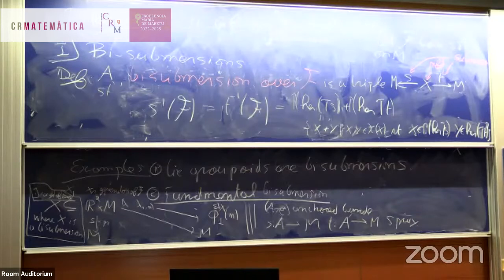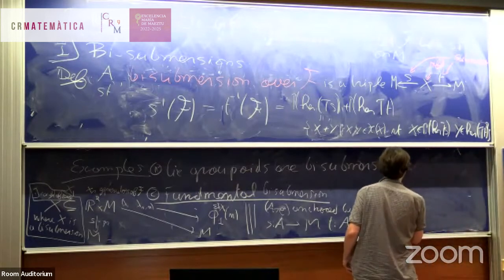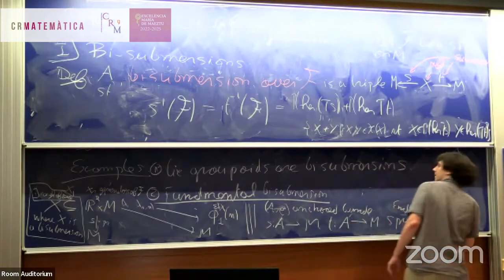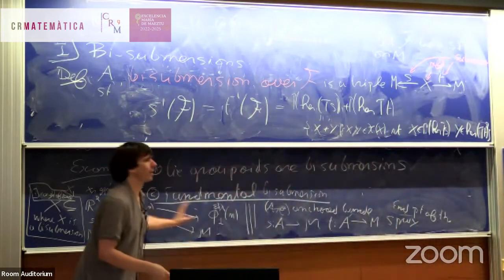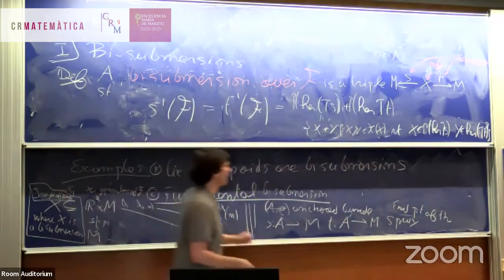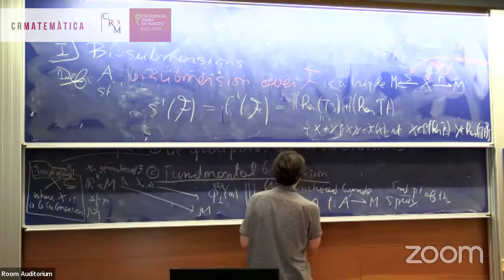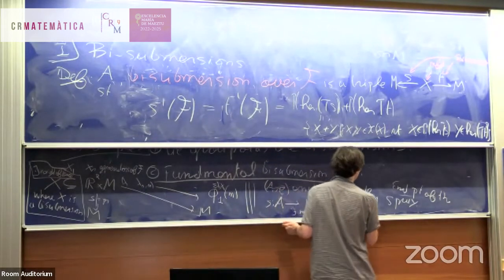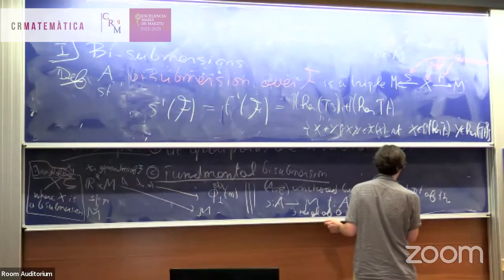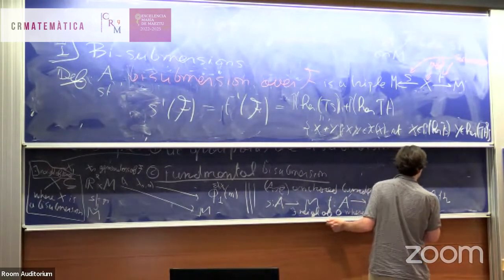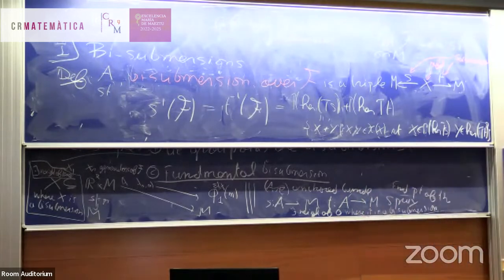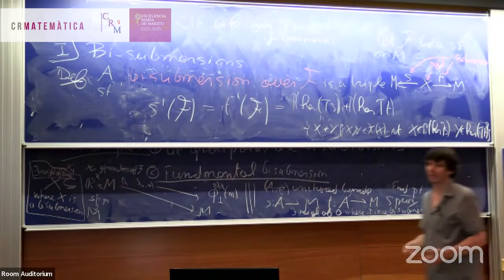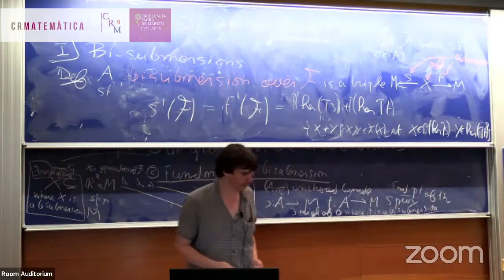And you look at the endpoint of the spray. It is the same thing as that, just made more abstract. And again, there is a neighborhood of the zero section where it is a bisubmersion. Okay. So groupoids and neighborhoods of the zero section in an anchored bundle are instances of bisubmersions.